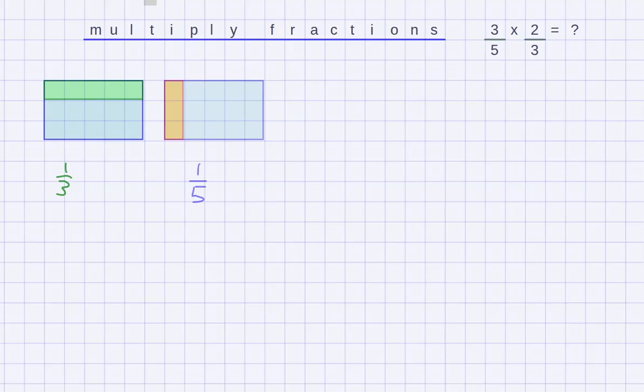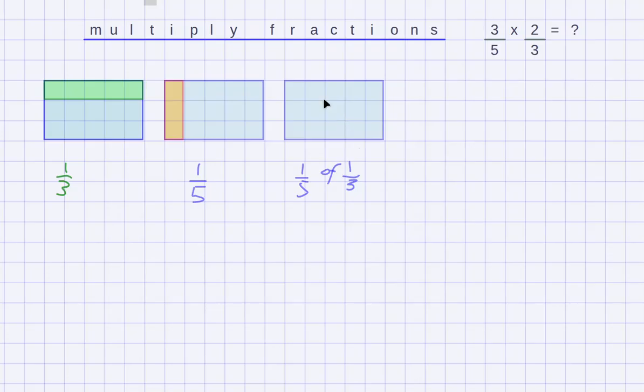If we want to look at one of the small squares, we could say, okay, so what's 1/5 of 1/3? So let's have a look here. 1/5 of 1/3.